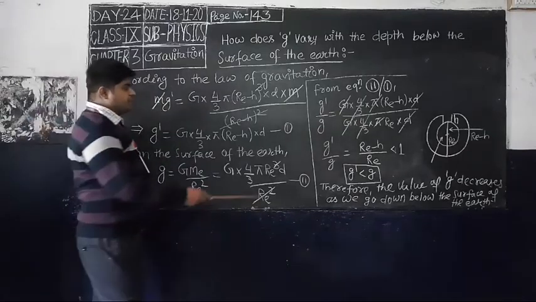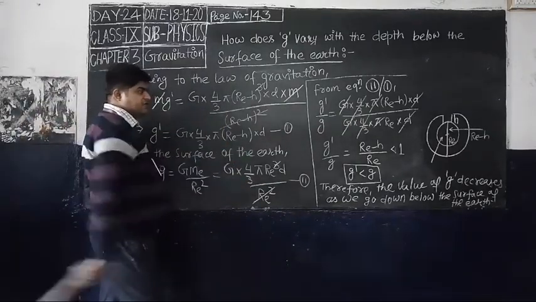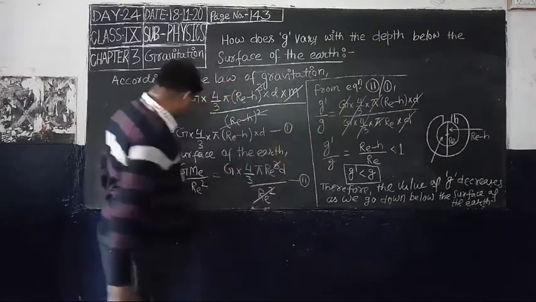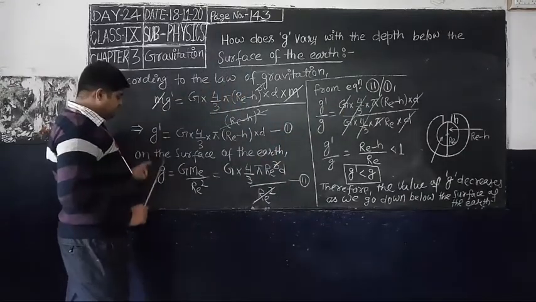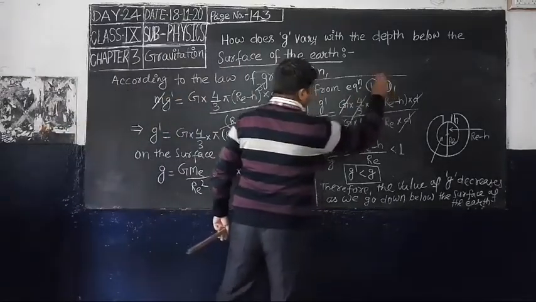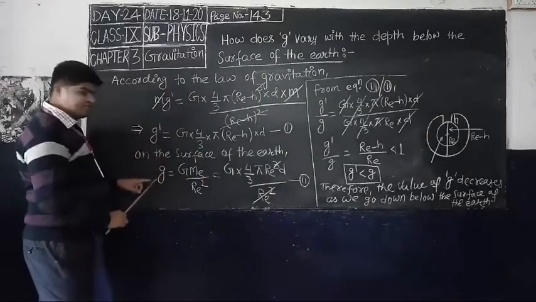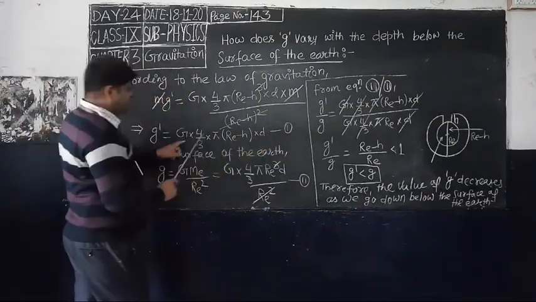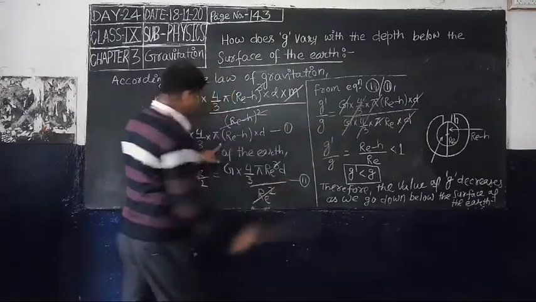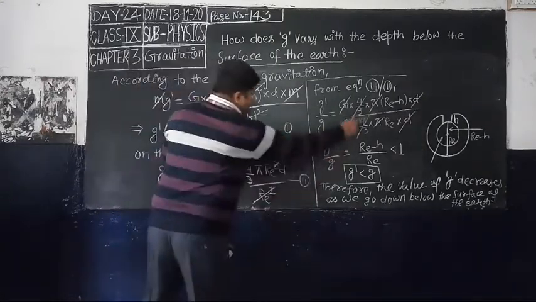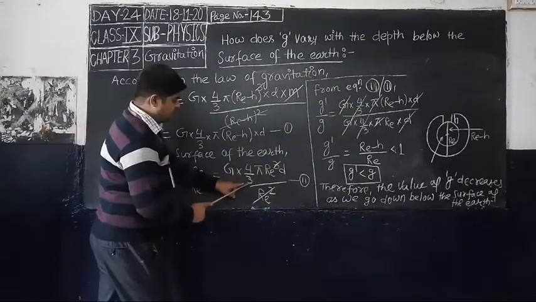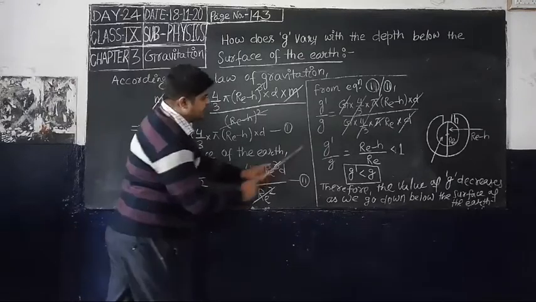Now students, divide equation 1 by equation 2, to get g dash by g. So g dash by g is equal to G into 4 by 3 pi (Re minus h) into d, divided by G into 4 by 3 pi Re into d.